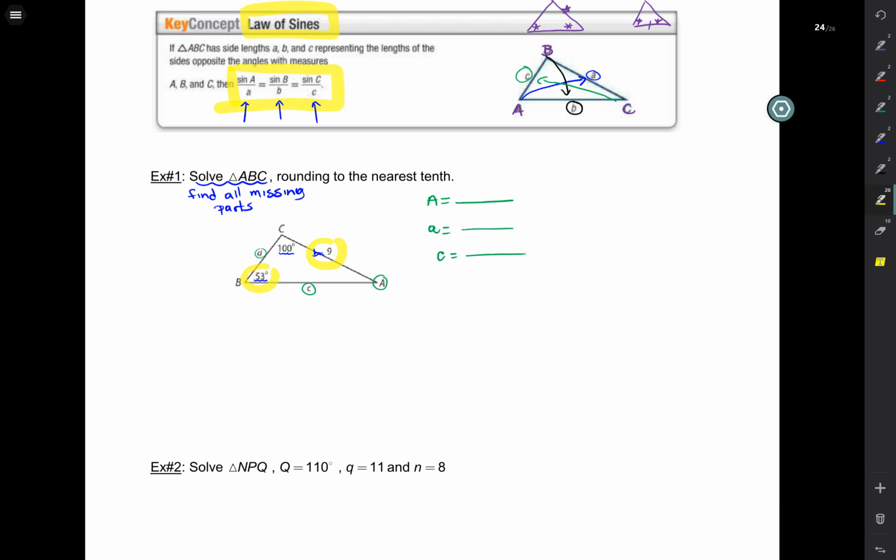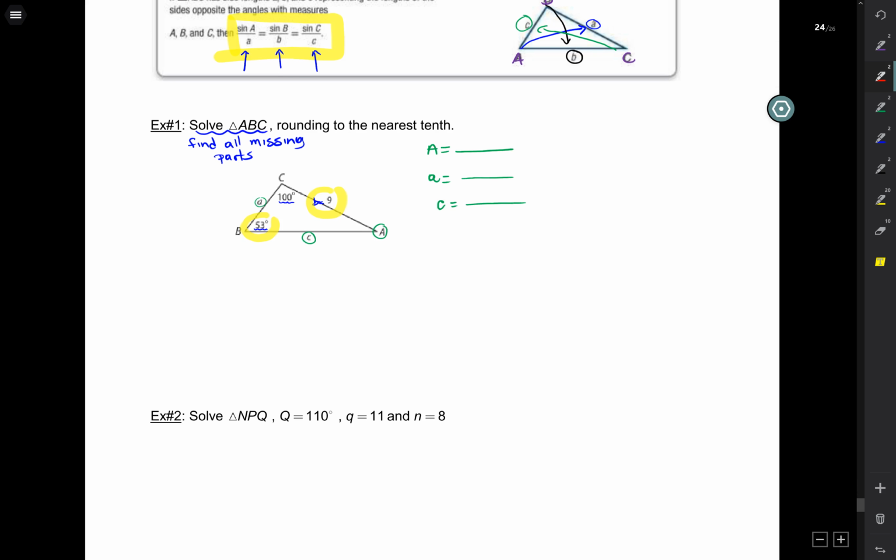You're going to use those as your starting point to find the other ones. Okay, now before we do anything else, if we're given two angles, we can easily find the missing angle, angle A over there. So angle A is going to be 180 minus 53 minus 100. So angle A is going to be 27 degrees.